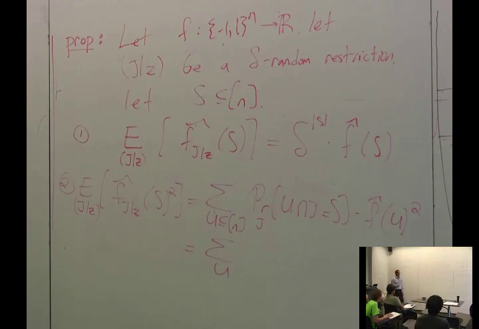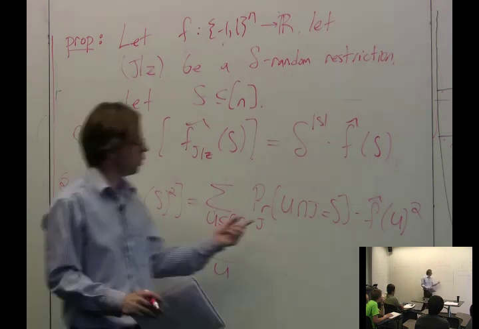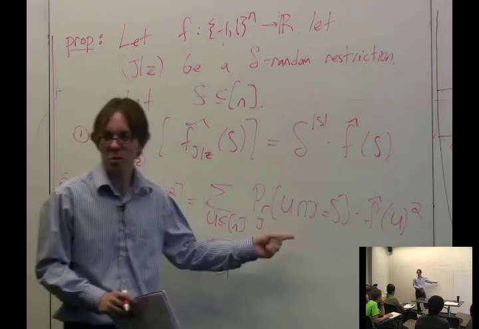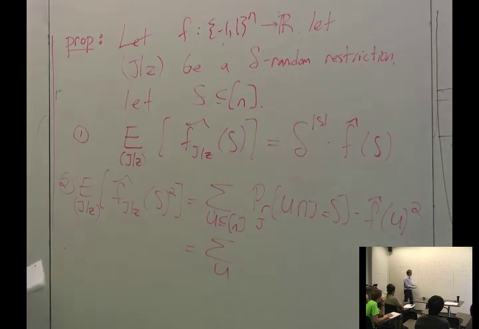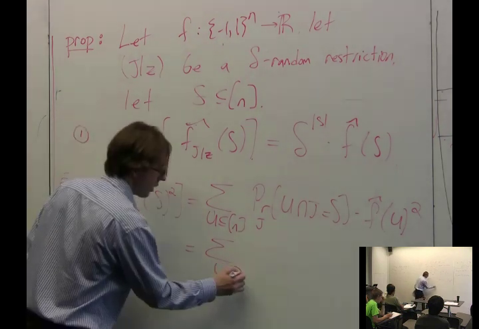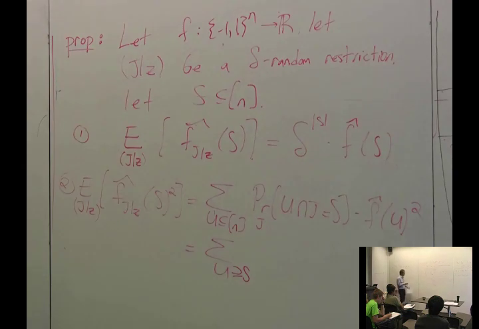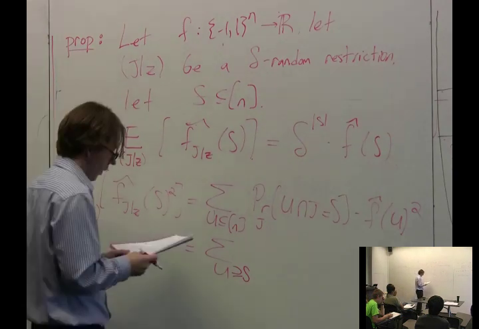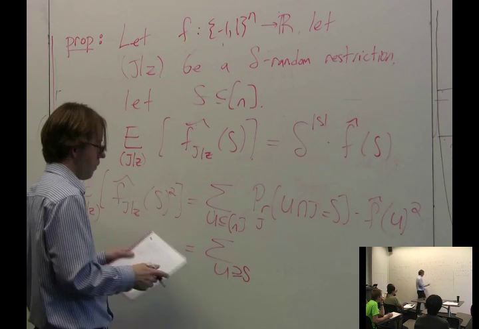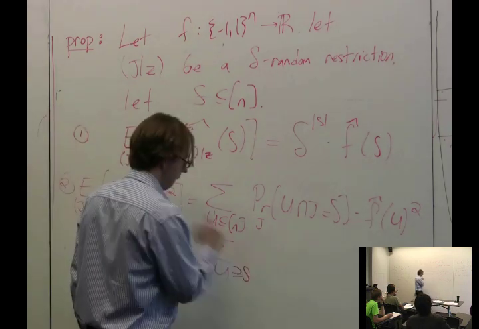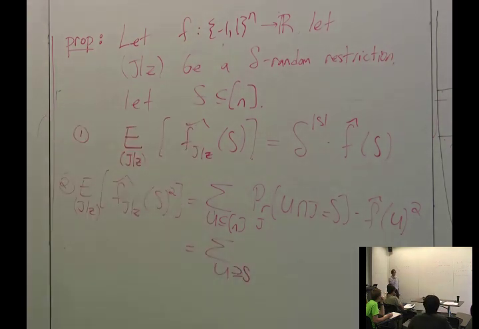Well, let me start by saying this. If u does not already contain the set S, then this probability will be 0. So we should actually just sum over the u's that contain S. And if u does contain S, then for every guy, not quite. Remember, J is a delta random set.